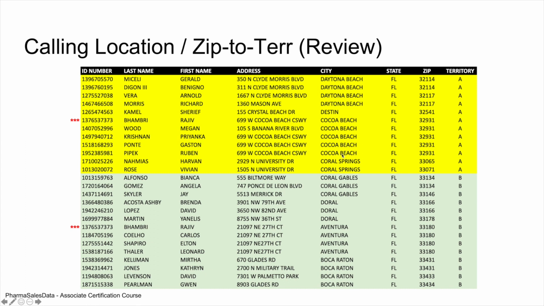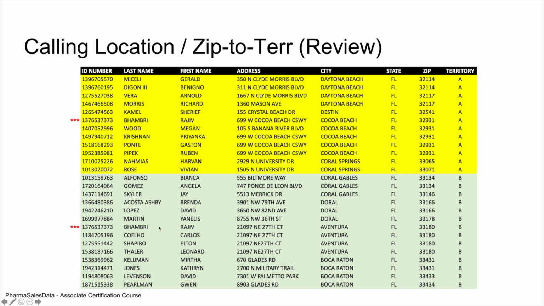Now in this example, I also wanted to point out that one doctor, Rajiv Brambry, has calling locations in different areas, as many HCPs do. But this doctor has a calling location in zip code 3931 and a calling location in 33180.